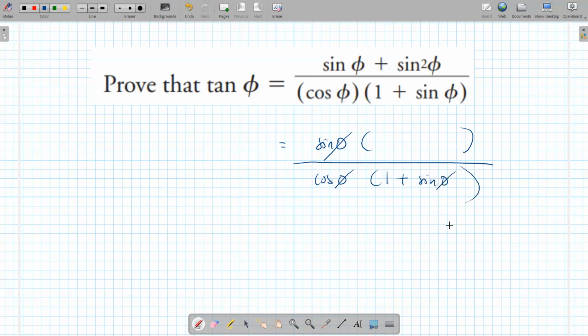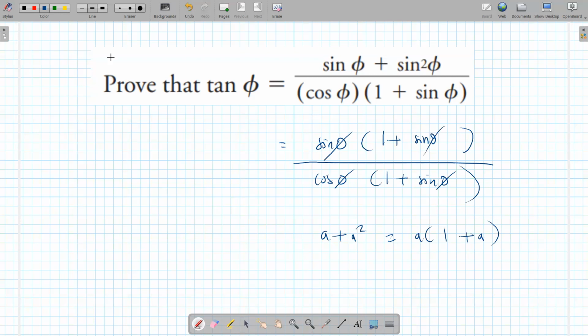On the numerator, if you pull out a sine, what are you left with? It's the same idea as this. If a plus a squared, you pull out an a, you're left with 1 plus a. Here we have sine times 1 plus sine, so 1 plus sine, that's it.